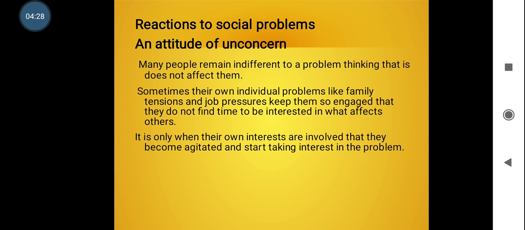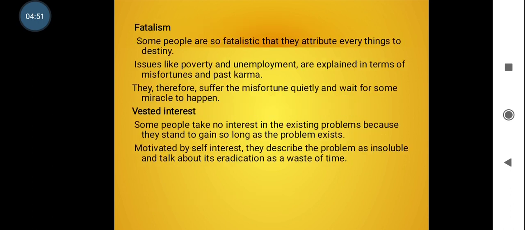Sometimes their own individual problems, like family tensions and job pressures, keep them so engaged that they do not find time to be interested in what affects others. It is only when their own interests are involved that they become agitated and start taking interest in the problem.